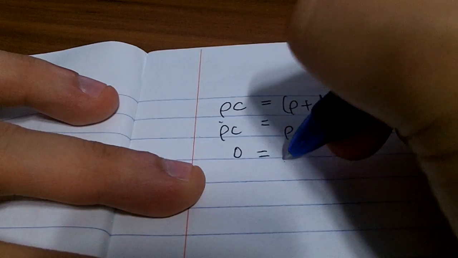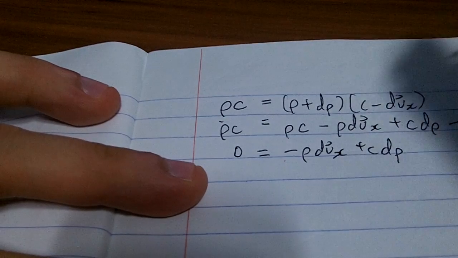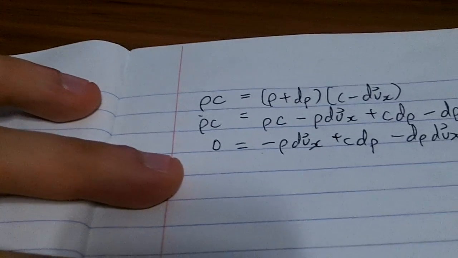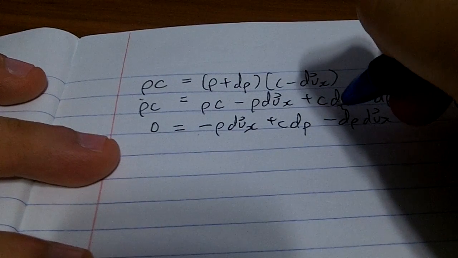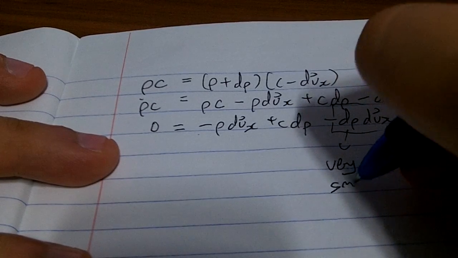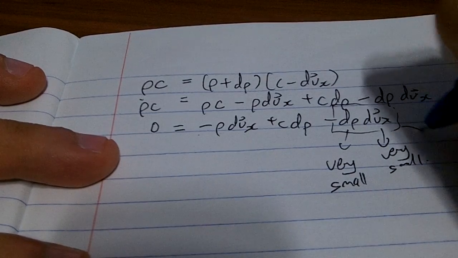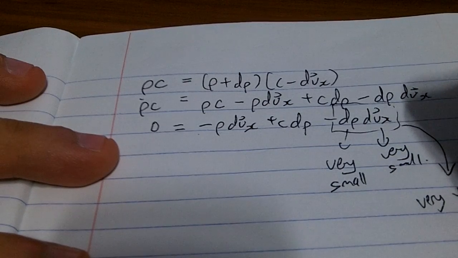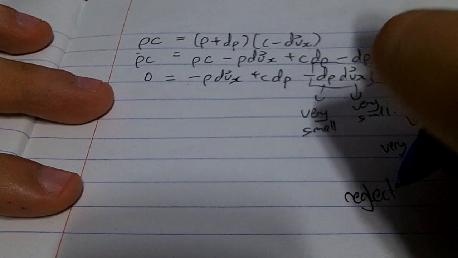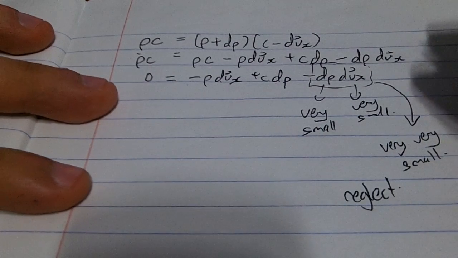Let's simplify this. Now what is this term? This is a very small change. This is also very small. So all in all, this is very, very small. We can neglect this because when we compare this term to this term and this term, this is really small. So we just ignore it.